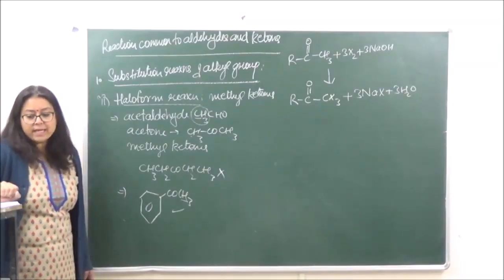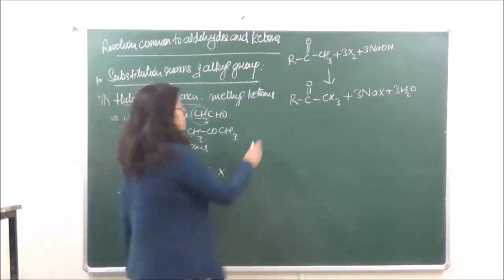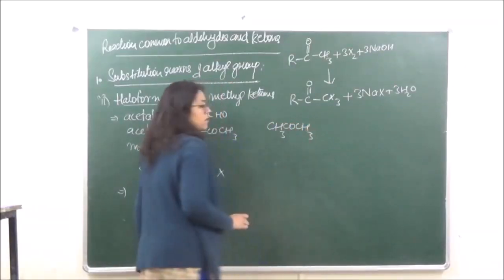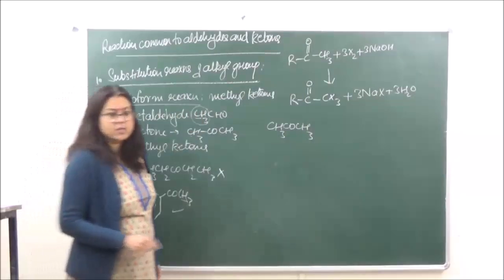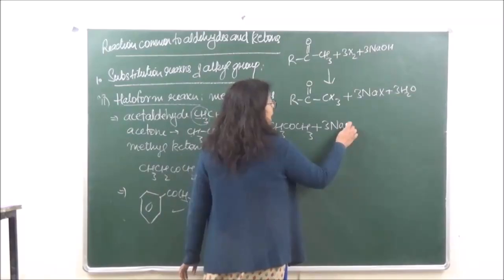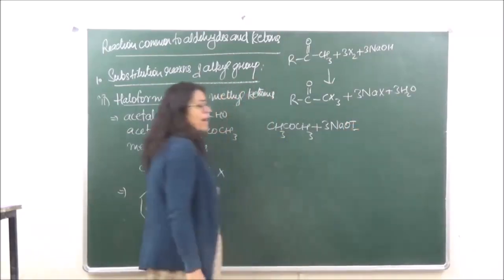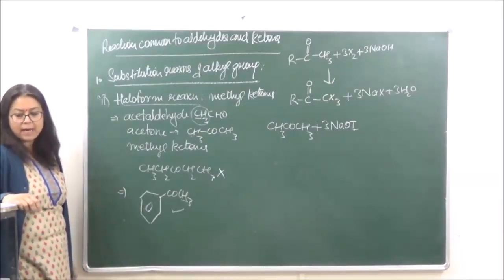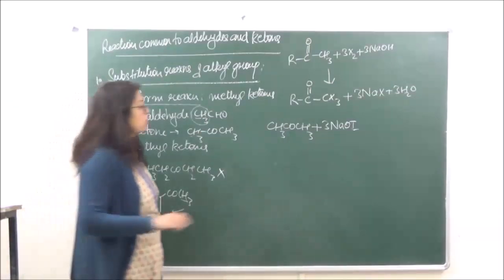Okay, so we're taking this reaction. Let's take the reaction with acetone, and we are taking the reaction with sodium hypohalide, sodium hypoiodide, NaOI. This is known as sodium hypoiodide. What is going to happen?